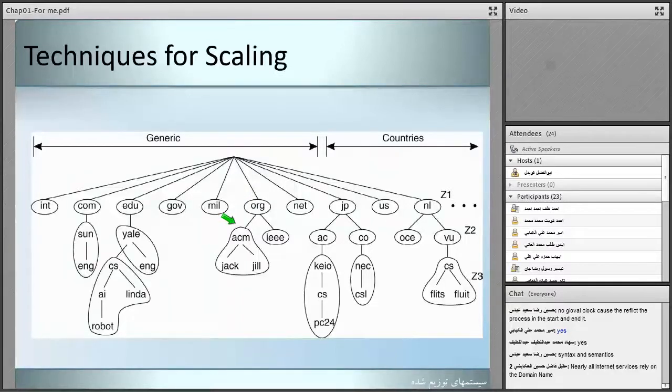Where is the ACM? So you are connected to the ACM server, and then in that server you will be connected to the server that hosts GIL. So you can find the server where the website gil.acm.org is stored, and you can see the website. The website is loaded for you.